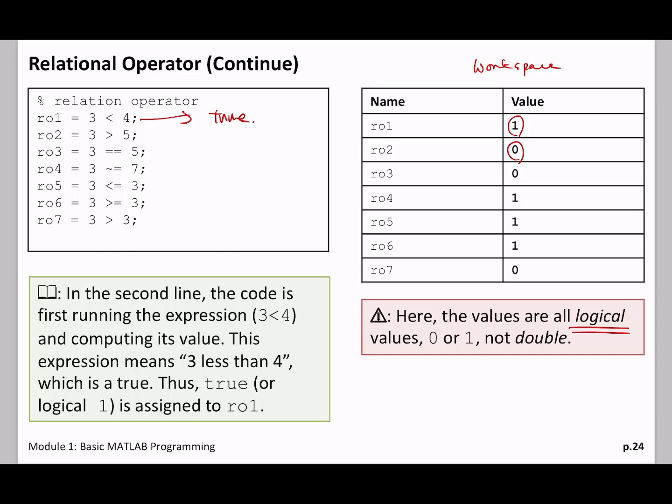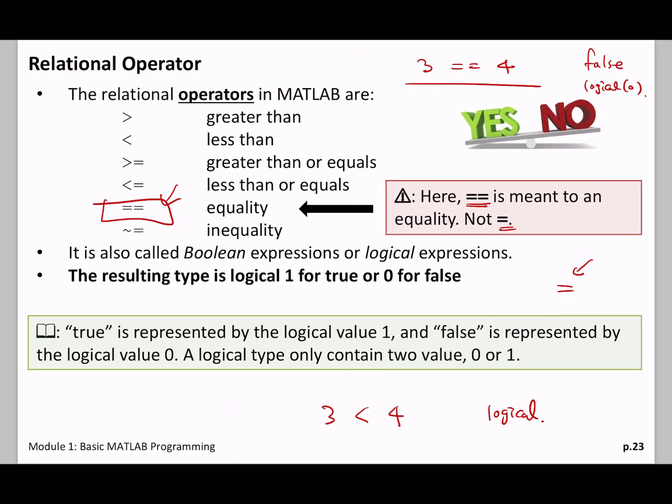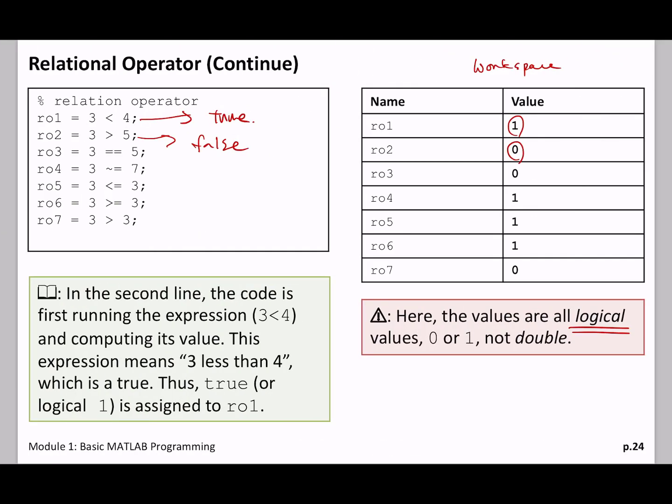Okay. After this one is a false. Oh, one thing. This is the inequality sign, meaning not equal. So here, 3 and 7 are not equal, right? That's why the answer is true. Okay. Does it make sense? Okay, good.